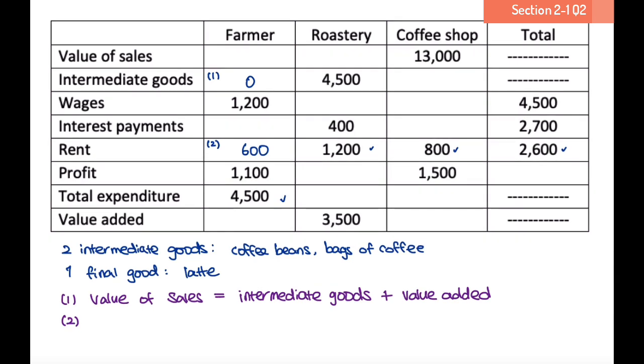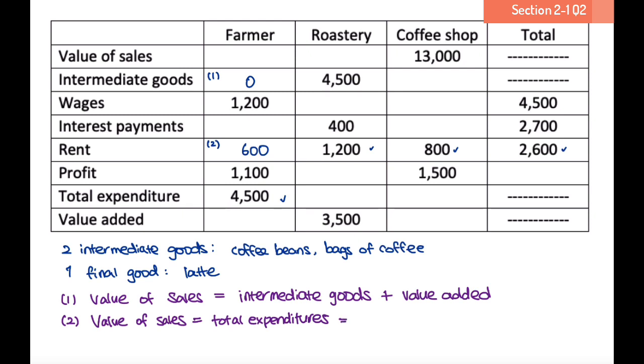Second, the money that a producer receives through selling their goods, which is the value of sales, is going to be spent in some way. Hence, the value of sales is equal to total expenditures. Well, where is that money going to be spent?